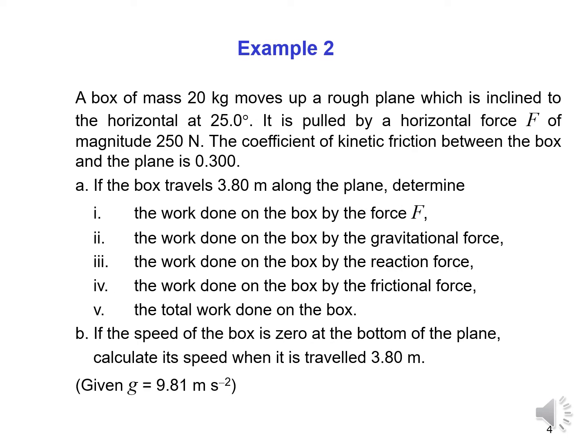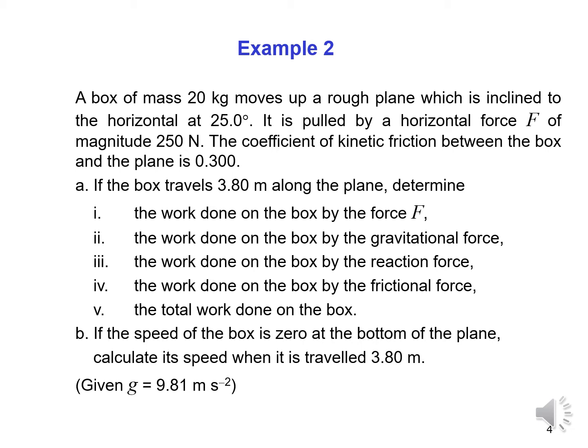Okay, example 2. You have a box of mass 20 kg that moves up a rough plane which is inclined to the horizontal at 25 degrees. It is pulled by a horizontal force F of magnitude 250 Newton. The coefficient of kinetic friction between the box and the plane is 0.3.